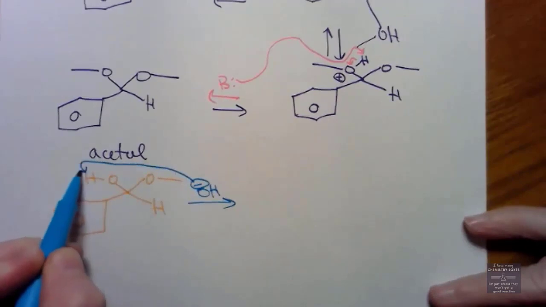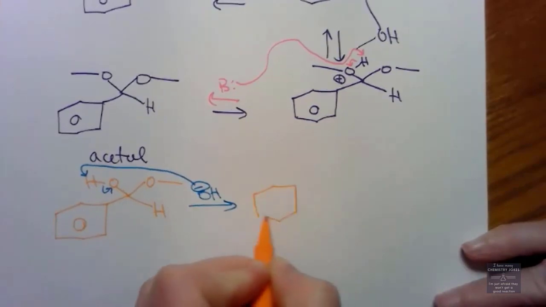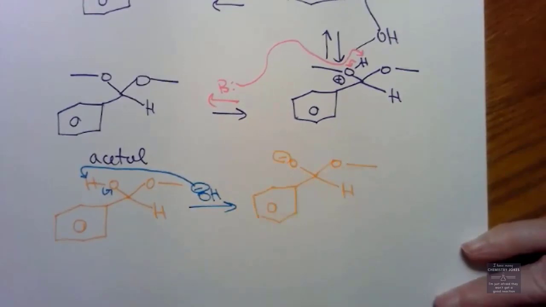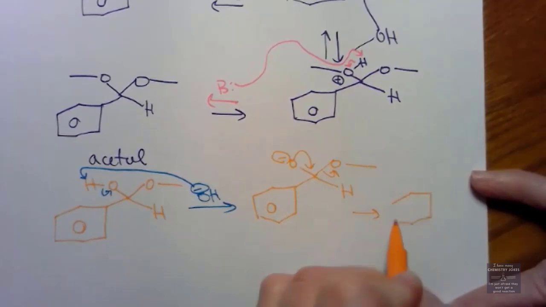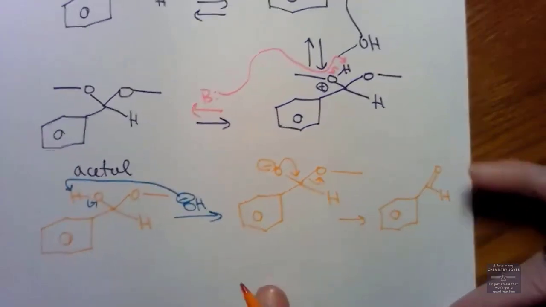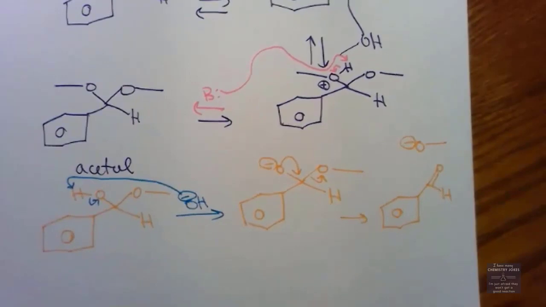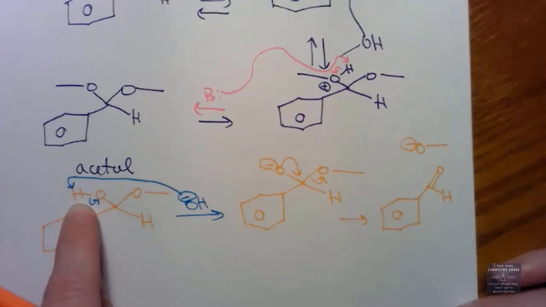That base will deprotonate your OH of your hemi to give you this. And then you can fold down and kick out your O- of your ether thing to get your aldehyde again. And you kicked out an OMe minus. Well, because of that hydrogen connected here, hemiacetals are not stable in base.